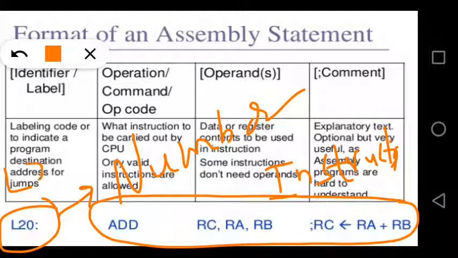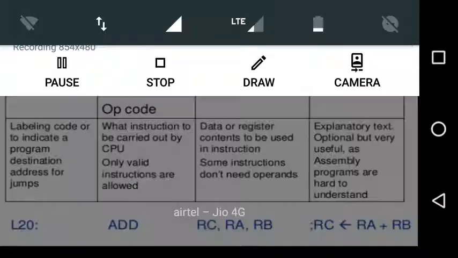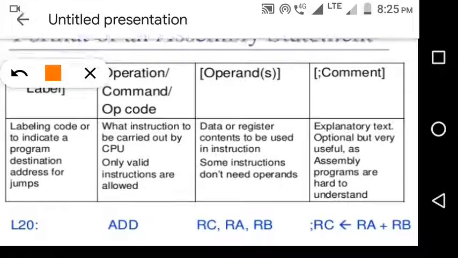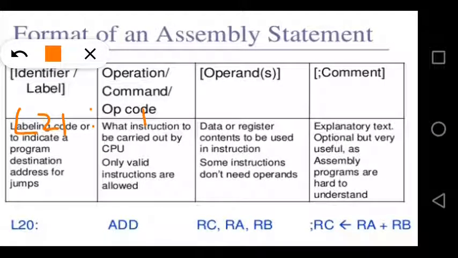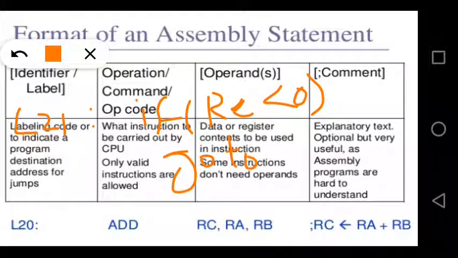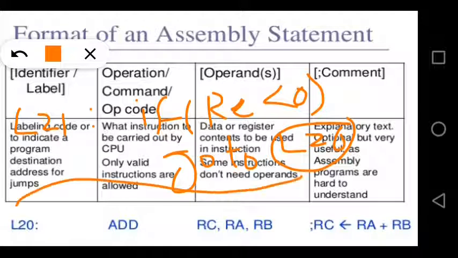Here the example is L20. Where it is useful: for example, if I have L21, if RC is less than 0, go to L20. Here L20 means it will go back to that statement. So labels or identifiers are used to label the instruction. It's a unique identifier for the instruction.